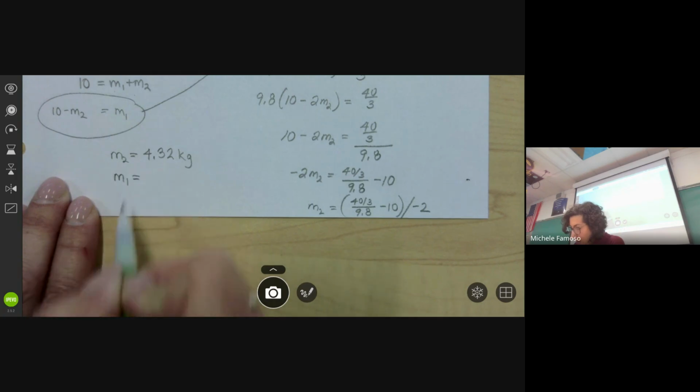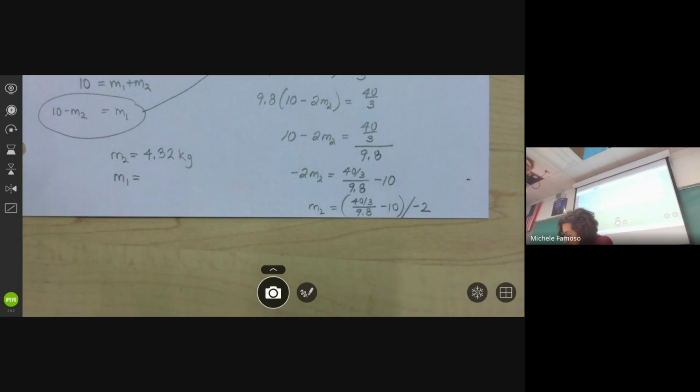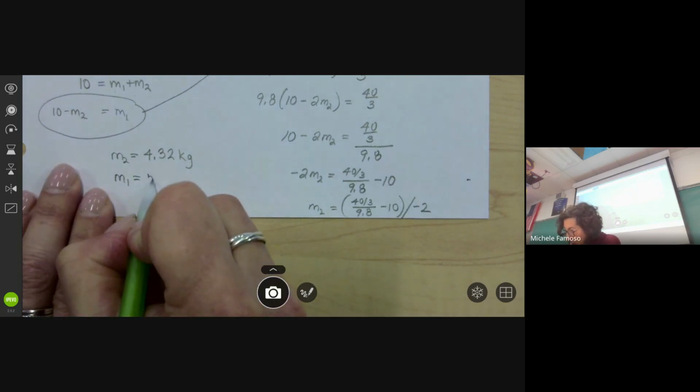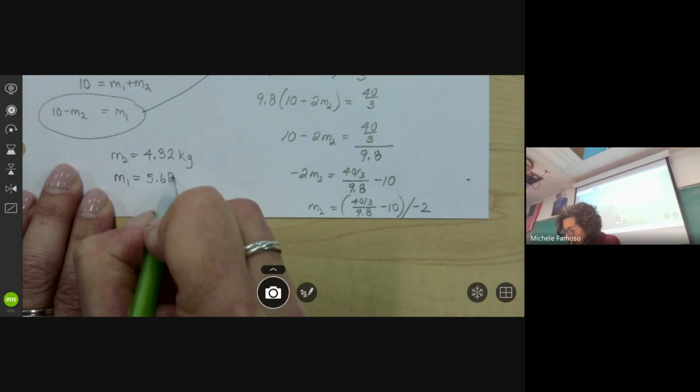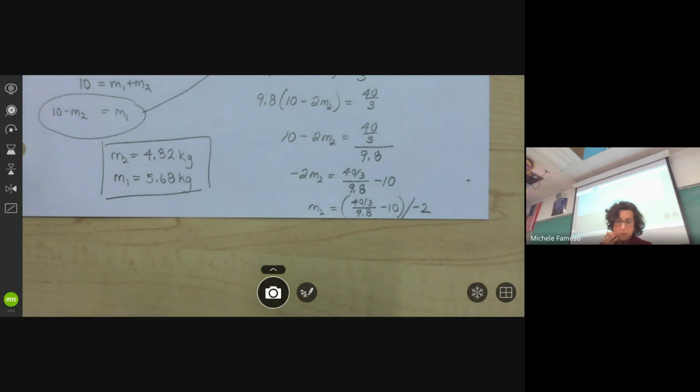So what is mass 1? Mass 1 is 10 minus that. So that means mass 1 is 5.68 kilograms. Okay? Make sense?